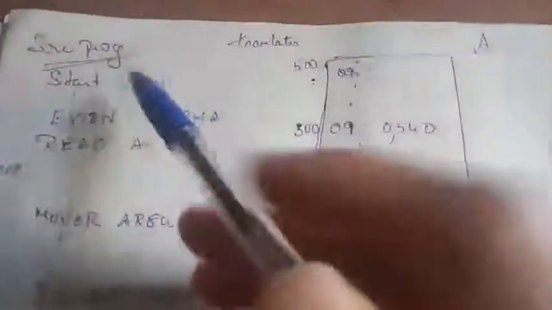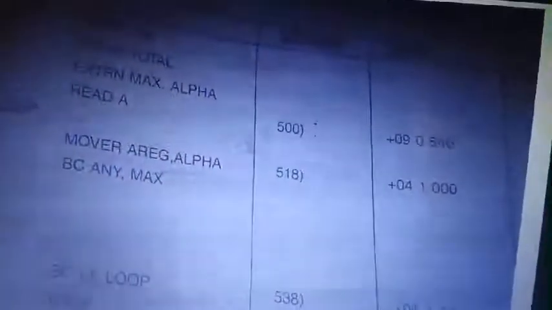We'll take the same program, which we took in the last class. In it you can see alpha is external, and A, loop, total, all the symbols are local.